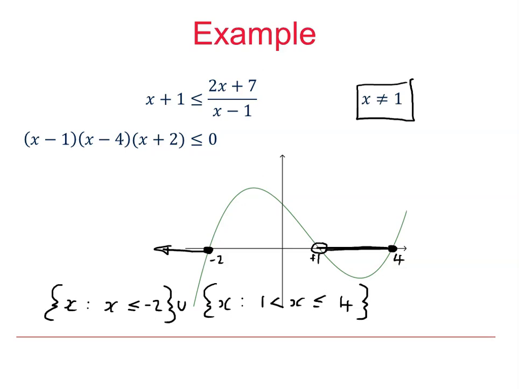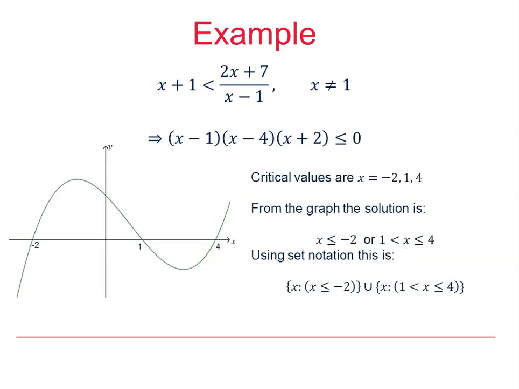So let's just look at that method. Again, we started off with our inequality, and by multiplying by something which we knew to be positive, in other words x minus 1 all squared, we managed to show that we had this polynomial inequality.